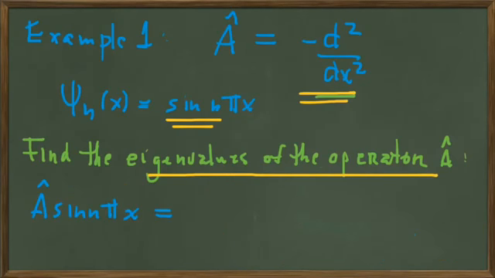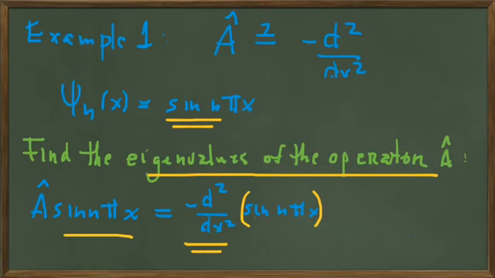So we are applying the operator a to the function sine n pi x. Rewriting that, that means applying the operator minus the second derivative to the function sine n pi x. Second derivative means we're going to take the first derivative of sine n pi x, and then after we do that, we're going to take the derivative again and multiply it by a negative sign.